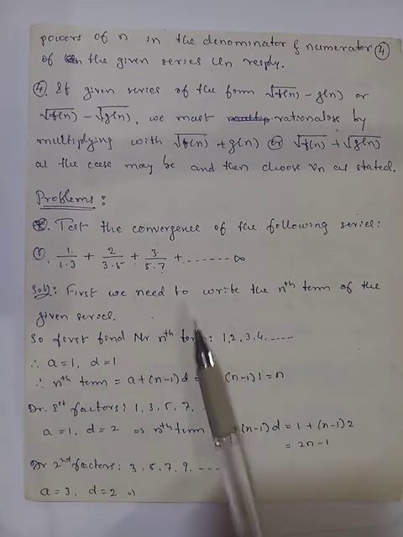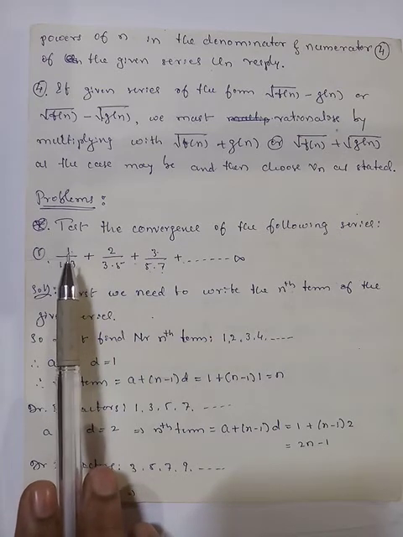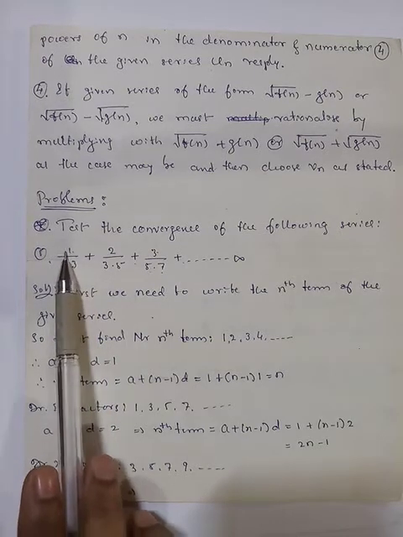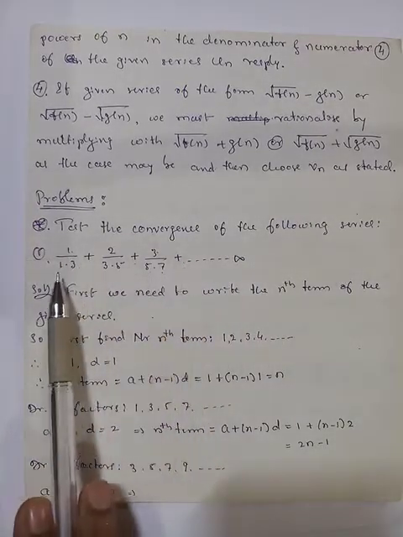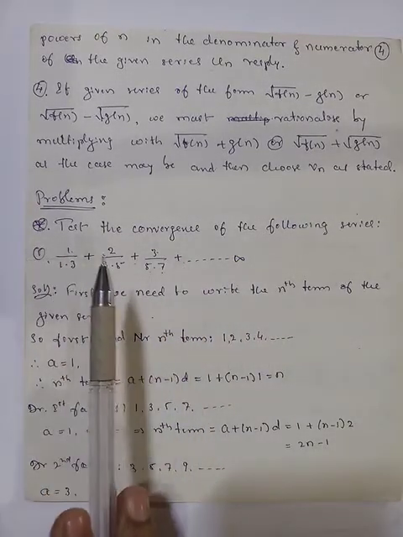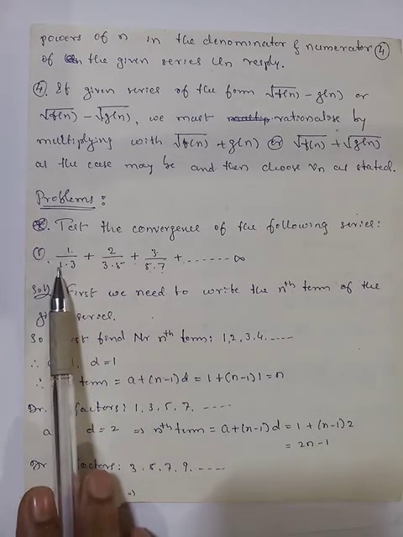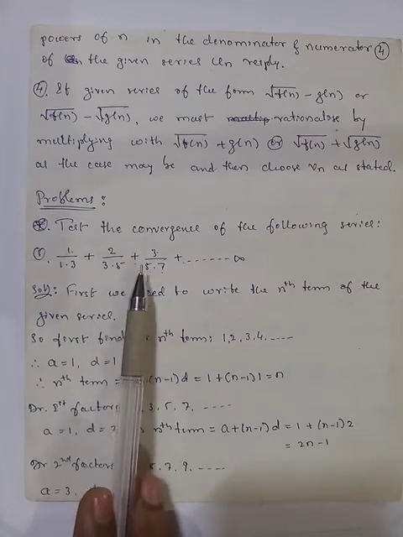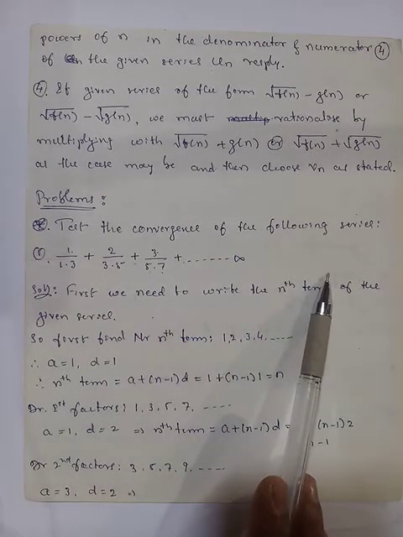How do we write this? We have one term in the numerator, that is 1, 2, 3. So these are the terms in the numerator, and we have two terms, or we can say two factors, in the denominator, that is 1, 3, 5, 7, and so on. This is one kind of factors.